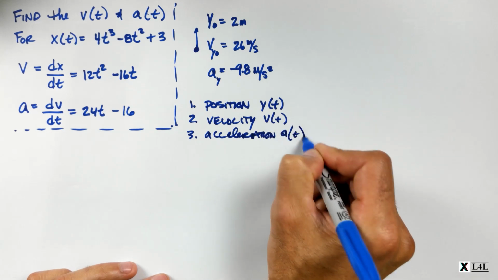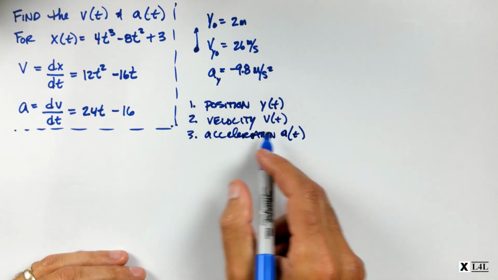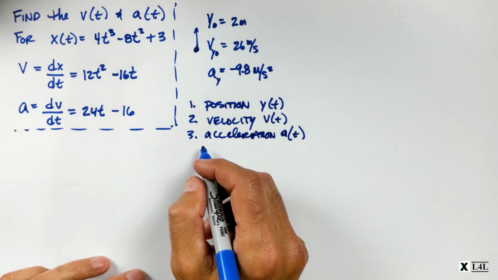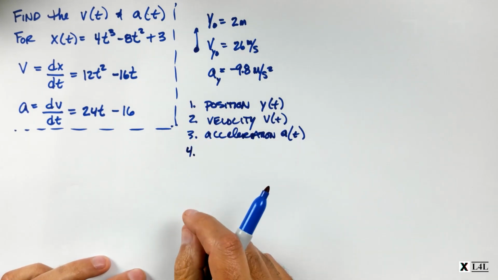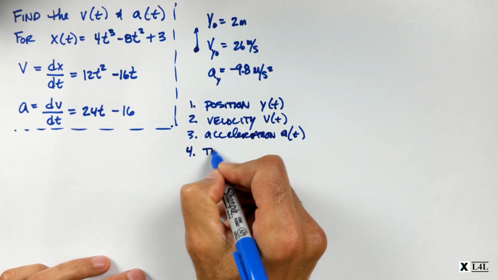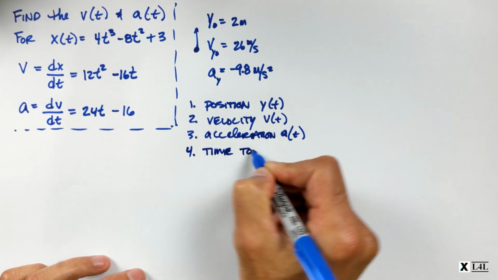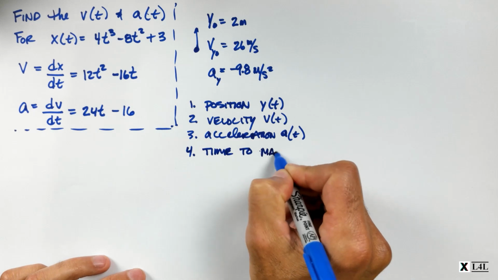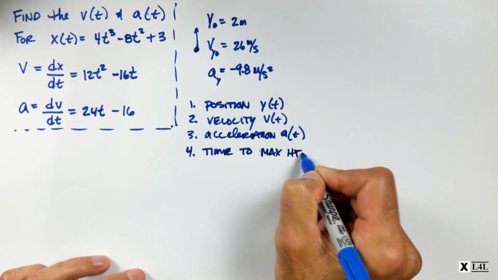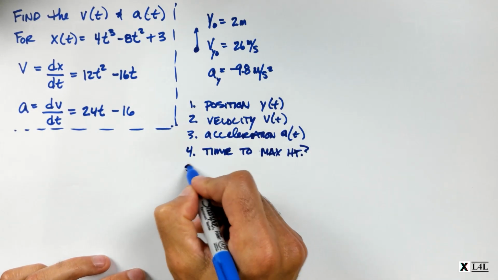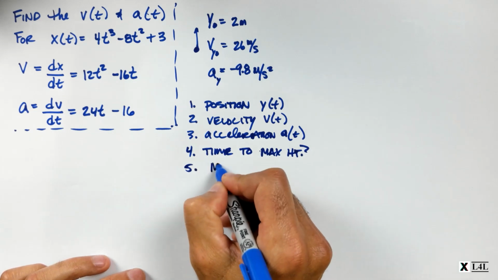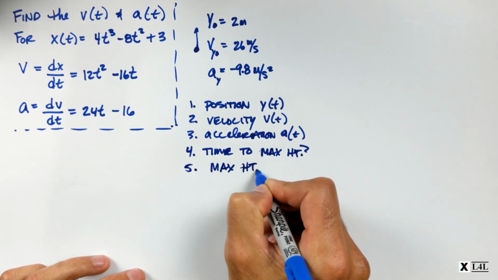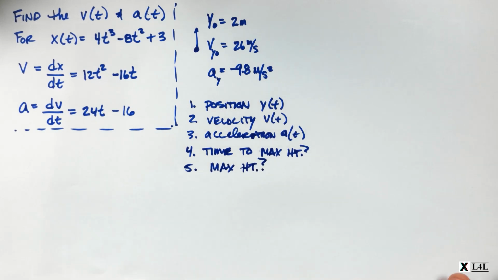You may have an inkling of what this actually is already, but let's just go through the process. And then 4, what I'd like to do is determine the time to get to the max height. And then 5, what is the max height? And how can we use derivatives to help us analyze this?